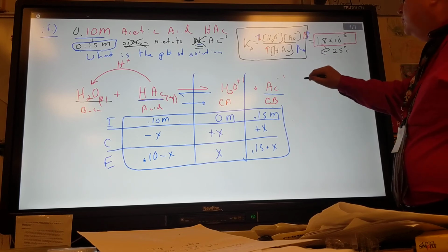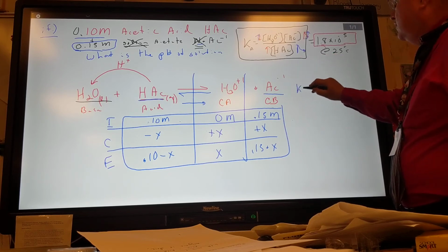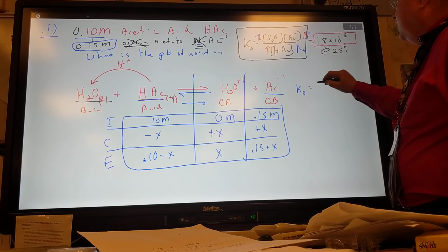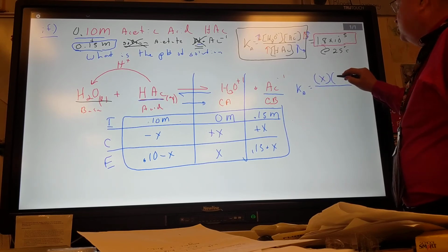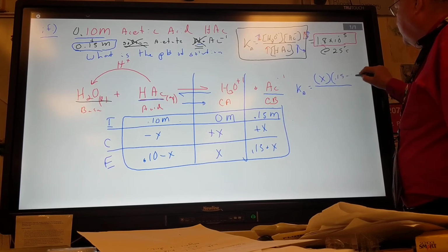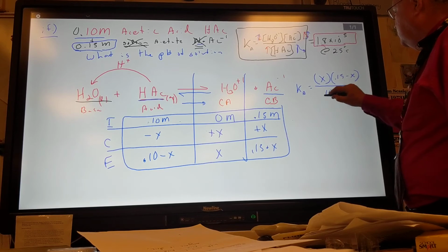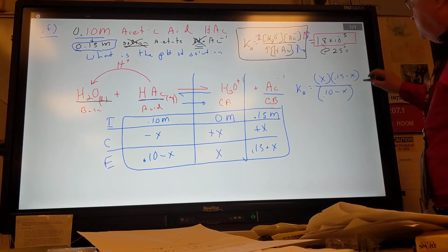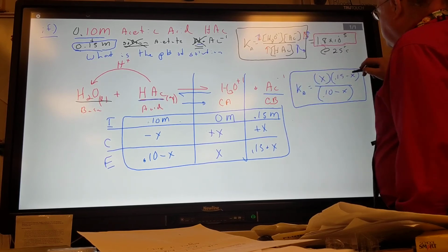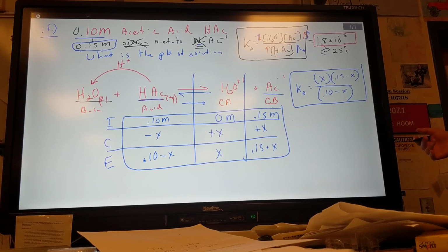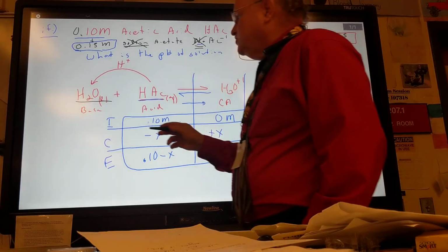Now I'm going to plug all these numbers into my K. My Ka then is equal to x times 0.15 minus x over 0.10 minus x. And the thing that's beautiful that we really hope for is that our x is insignificant. Okay, we can test for insignificance.